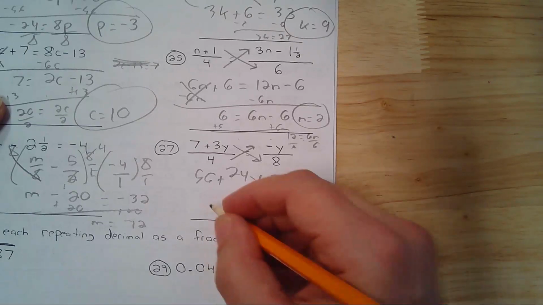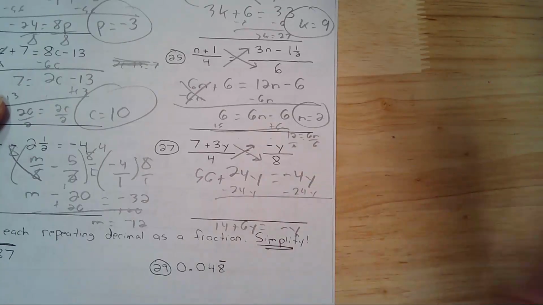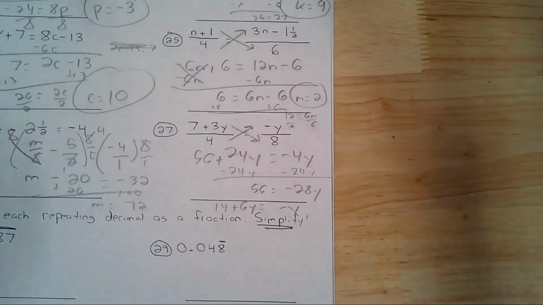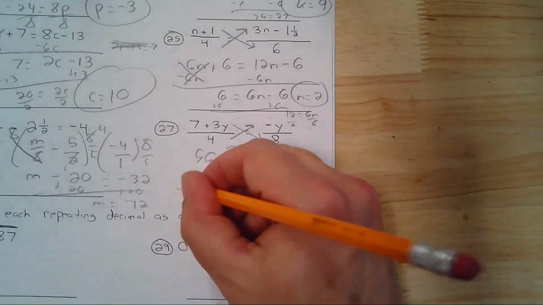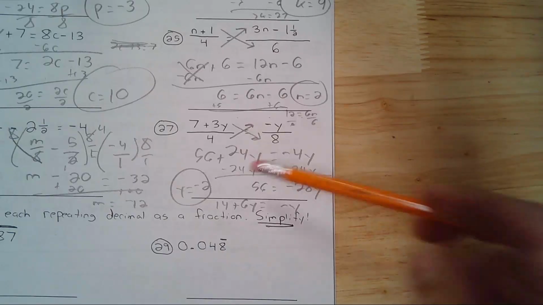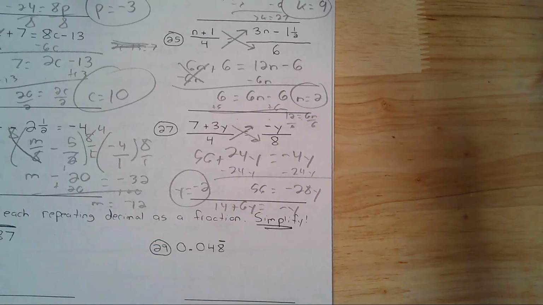So here, I would subtract the 24y because otherwise I don't have anything at all on the other side. So I'd have 56 equals negative 28y. y equals negative 2. 56 divided by negative 28 is negative 2. I think the process was wrong, but I got the right answer.